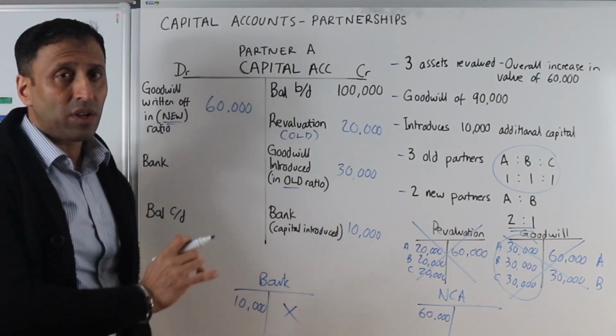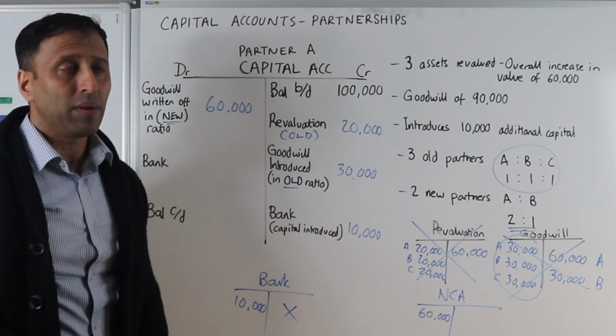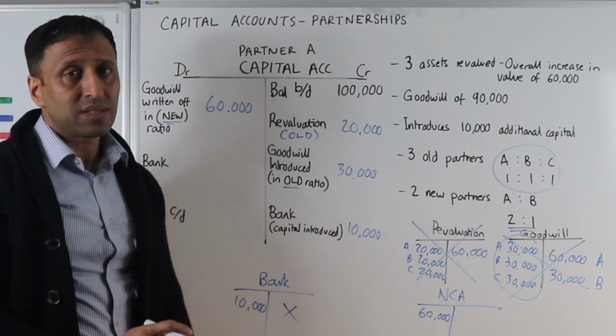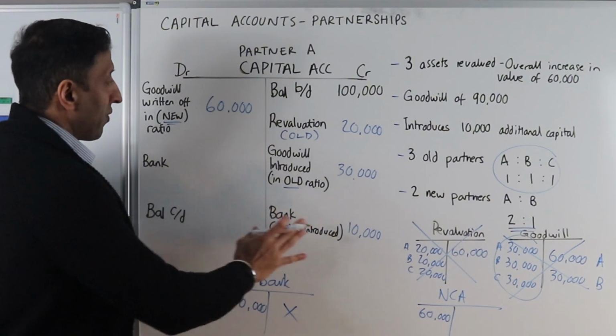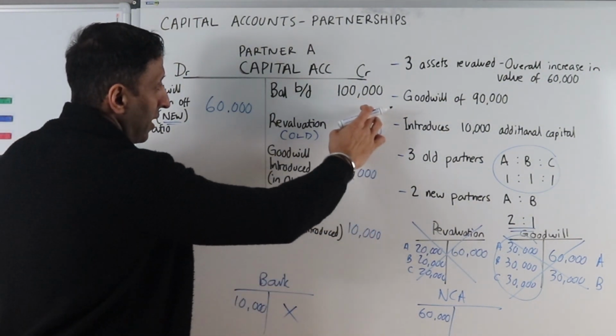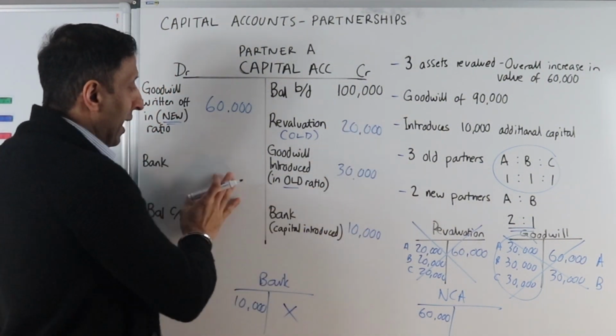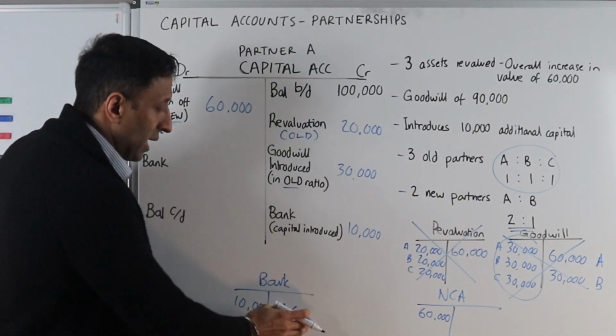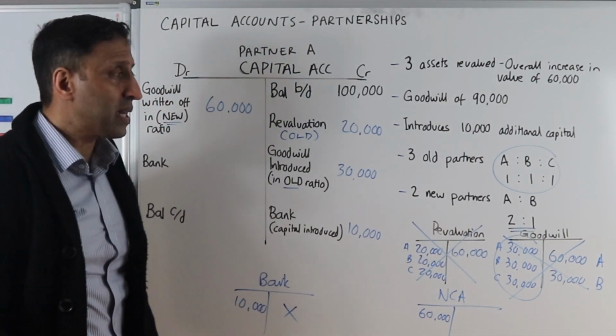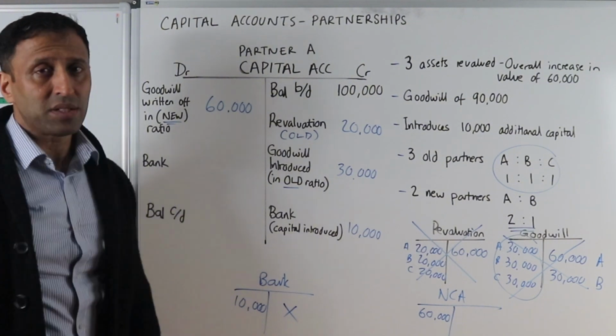If they're leaving, they don't want a balance on their capital account, because a capital account balance means they are still a partner. So whatever we owe them from the credit side, we add that up and pay it out on the debit side of their capital account, taking it out of the business bank account, and therefore they will have no balance to carry down.